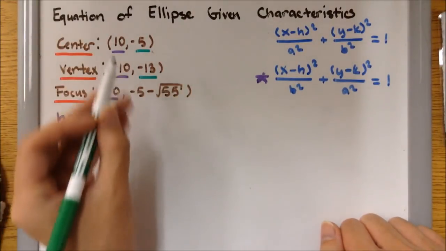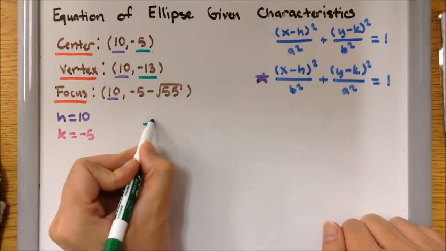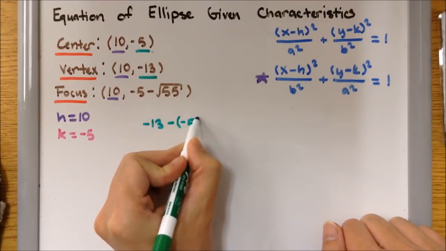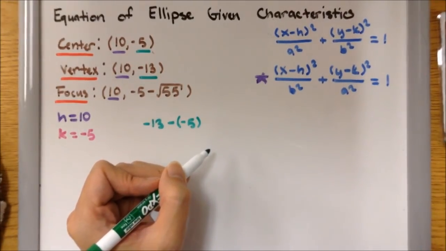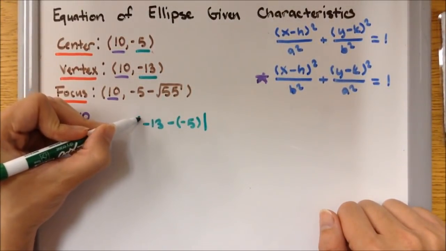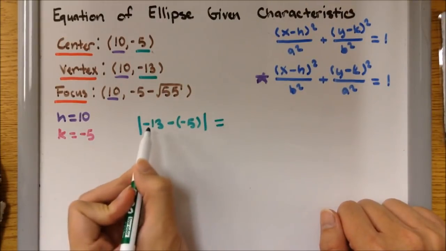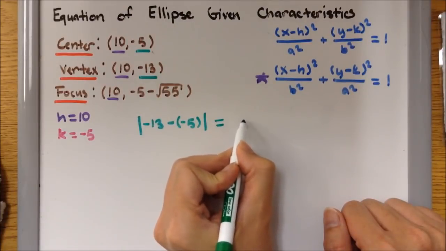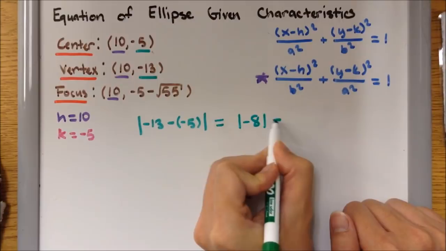So I'll write -13 minus -5, in absolute value, because when we're finding distance, it's a positive number. -13 minus -5 is -8, but with the absolute value, it's 8.